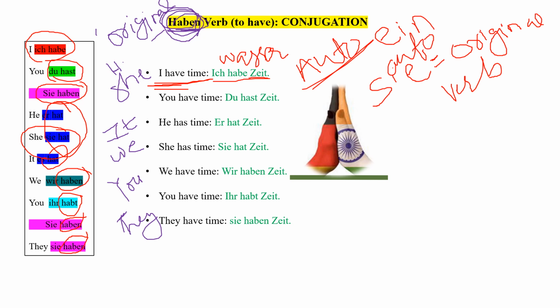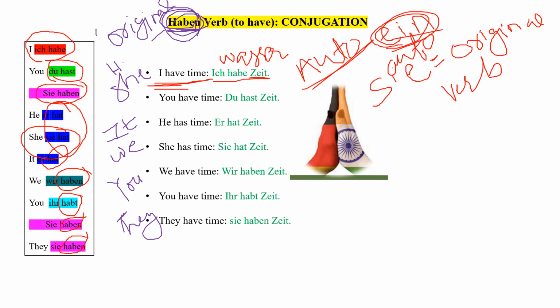Right? So in this way, we will also cover that sometimes this ein changes into einen, sometimes into einem. That is the case when we will learn about the cases in the German language, right? That is accusative, nominative, dative, genitive. Understand? 3 to 4 types of cases are there. We will cover them in the next sessions.